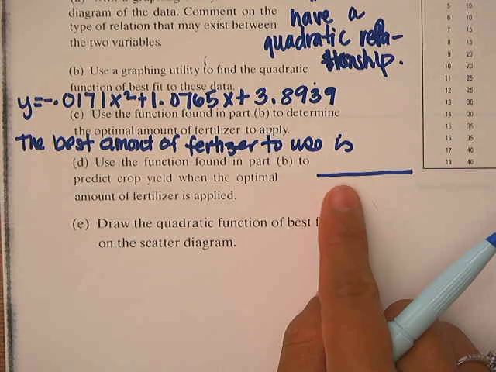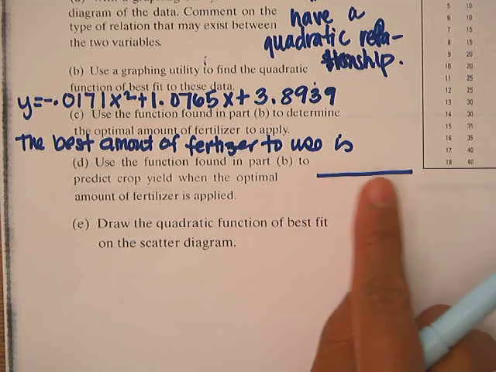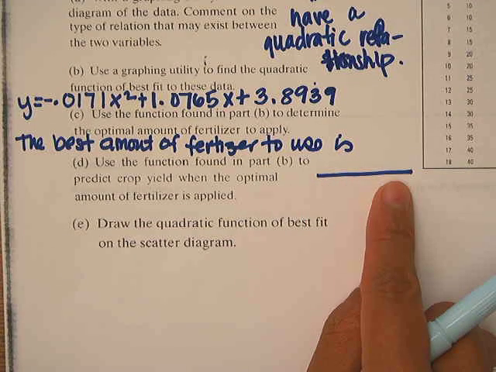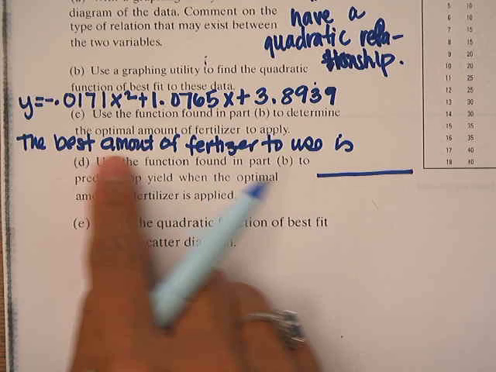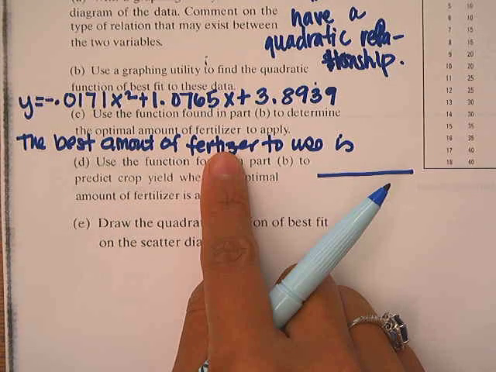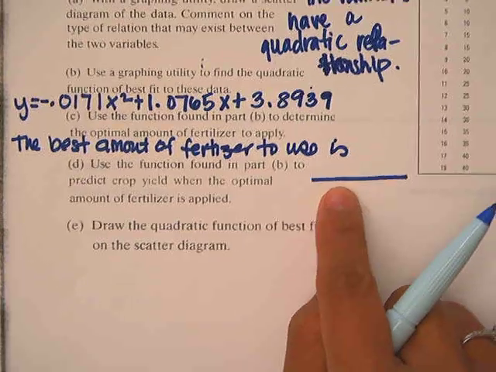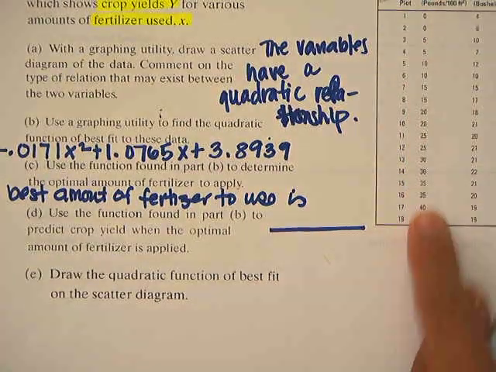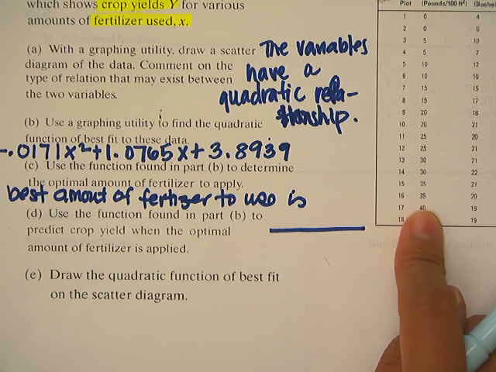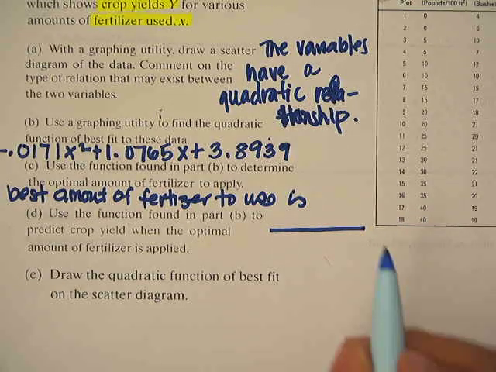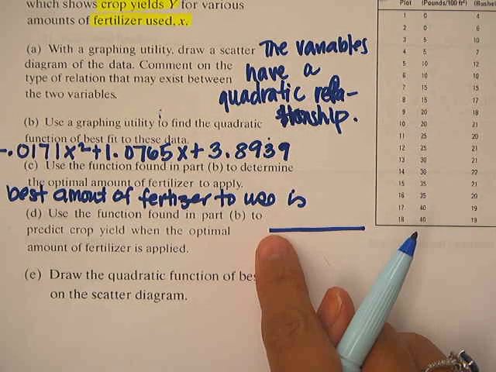So the question is, when you do your maximum, you have two answers, the x answer and the y answer. Which one would you look at if I'm answering the question of fertilizer? You should look at your x, right? And notice how fertilizers are measured in whole numbers here, so just give it to me in whole numbers. We also have to use the units of measurement.